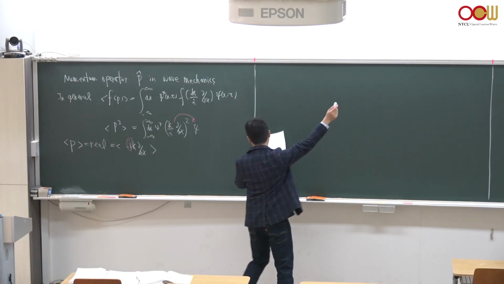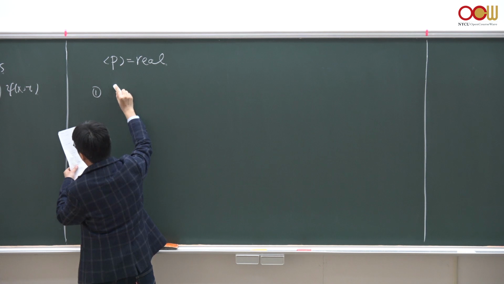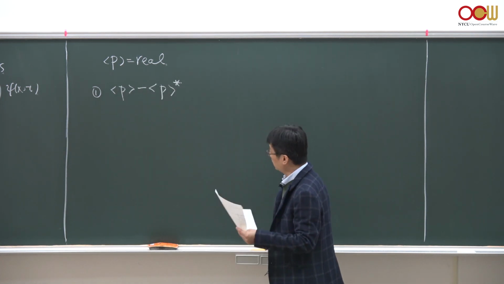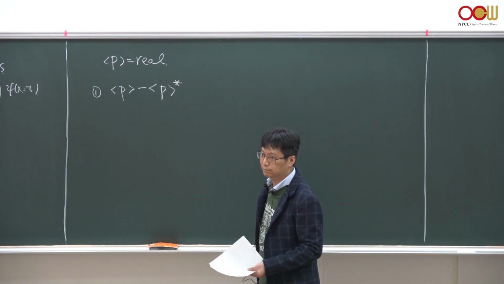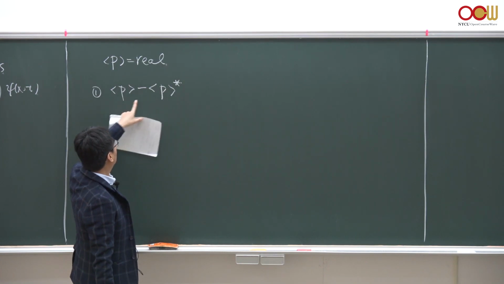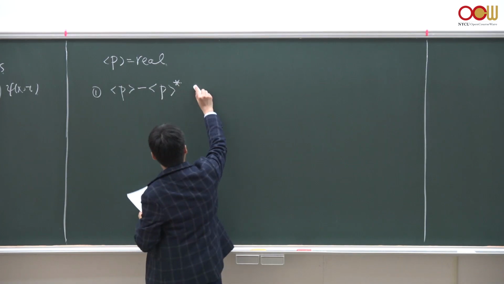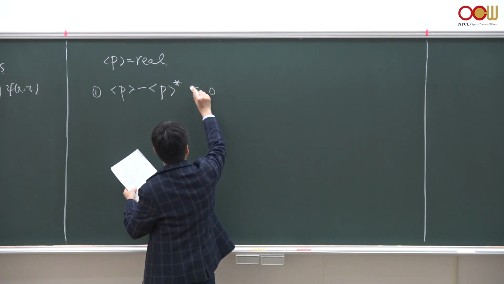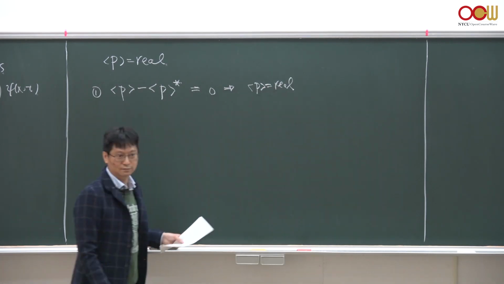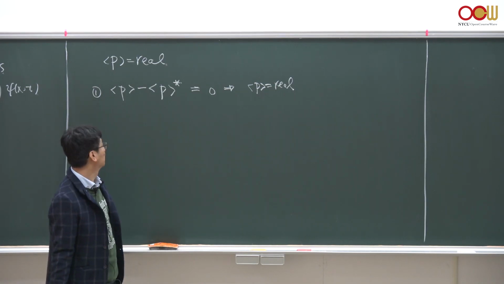And the proof could go in two ways. First, we can show that, suppose this expectation value of the momentum operator is a complex number, if you simply subtract this p from this p star expectation value and it is 0, it certainly tells you that p is real. Otherwise, it will give you an imaginary number, right?